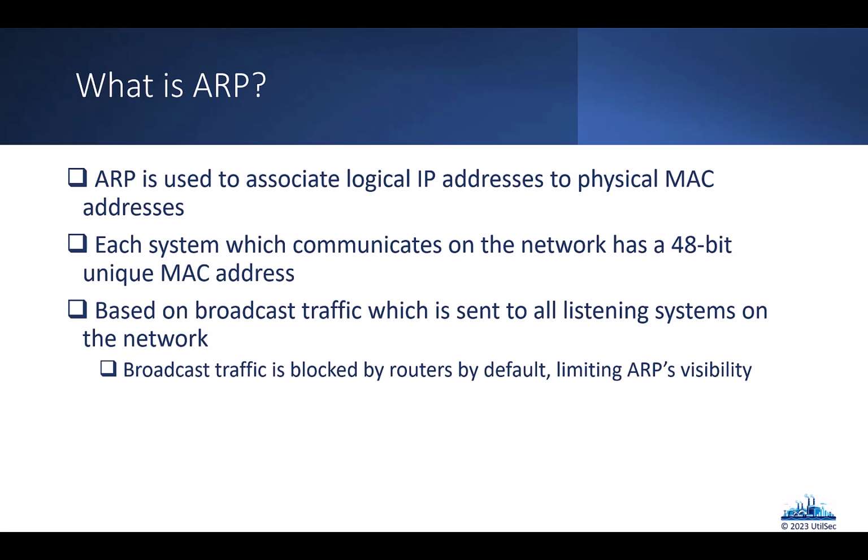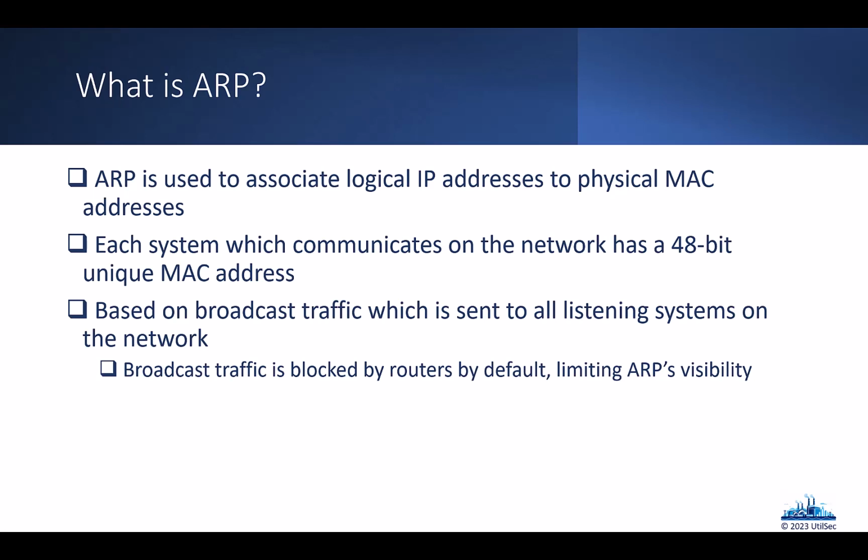And one of the other things we can do to find hosts based off of ARP traffic is this: ARP is a broadcast protocol, which means if one computer is going to use ARP to find out the MAC address of a certain system running a specific IP address, it actually sends out a broadcast, which means that packet goes to every computer on the network. And the computers out there will return a response if they have the IP address that we're looking for.